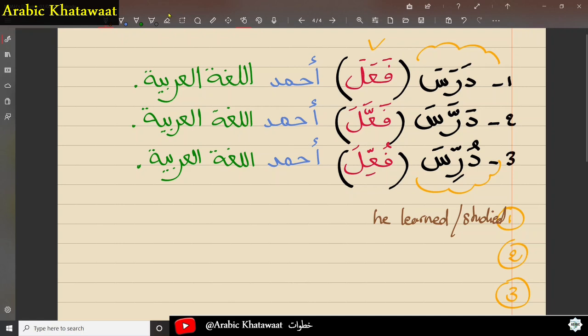So this is just a reference to the verb conjugation. And then the second one would be darrasa, taught, which comes from teach. The third one is he was taught. So again, the reference to the conjugation.